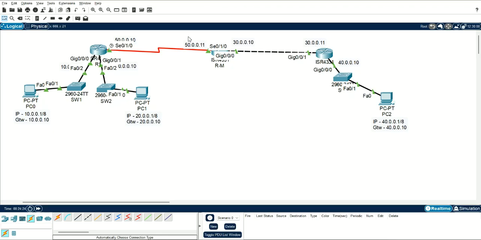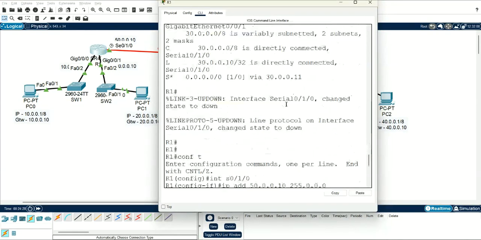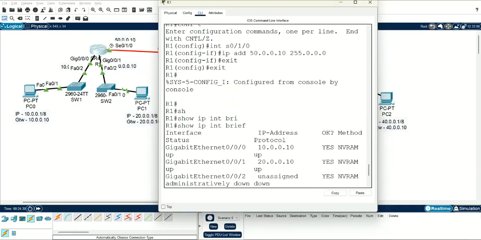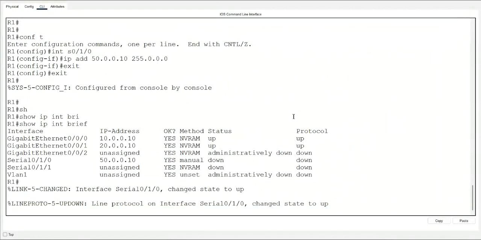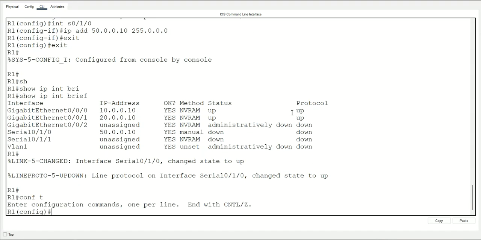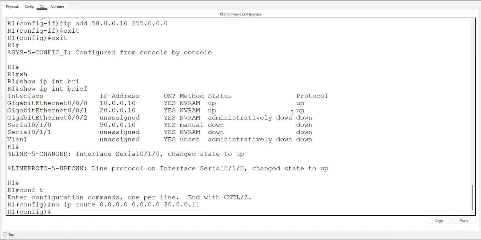Okay, now what I'm going to do, first of all, I'm going to correct this one. Here we wrote a default route, but the default route is pointing towards 30.0.0.11. I need to remove this. You see? Yeah, I put no and I removed, okay?